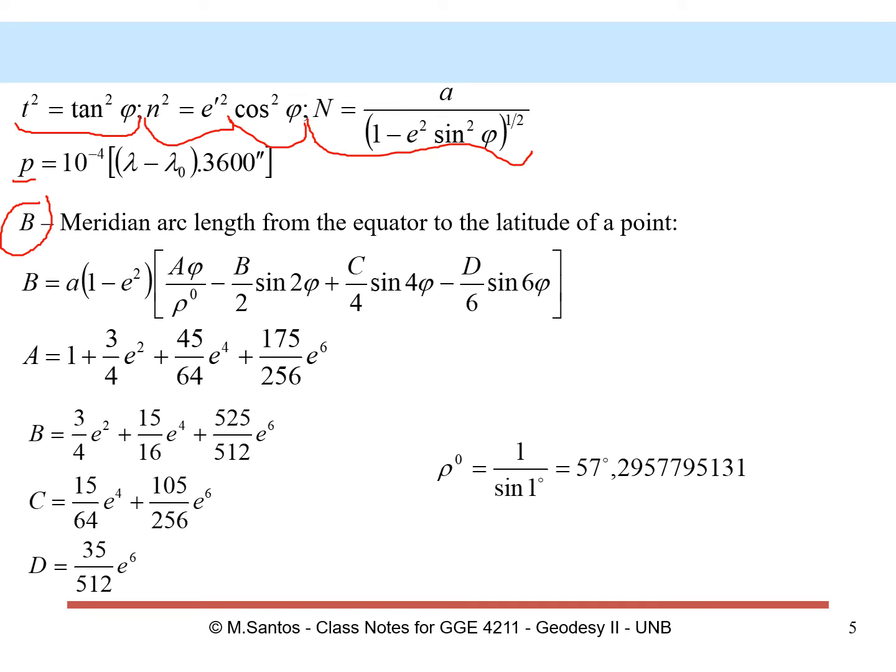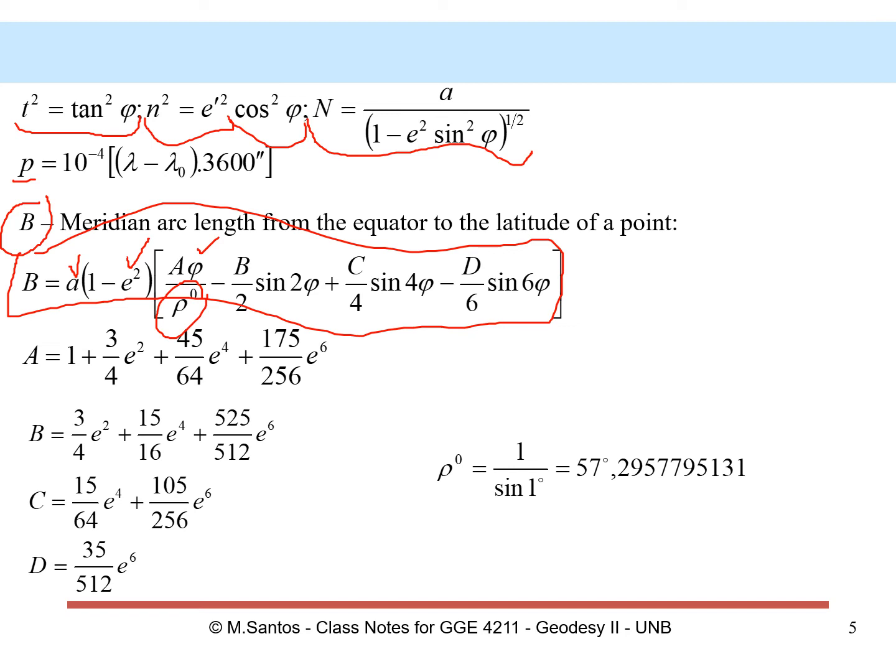Okay, and this quantity B is going to be computed by this expression, in which we have the major semi-axis, the eccentricity, the latitude of the point, and rho prime for radian conversion.